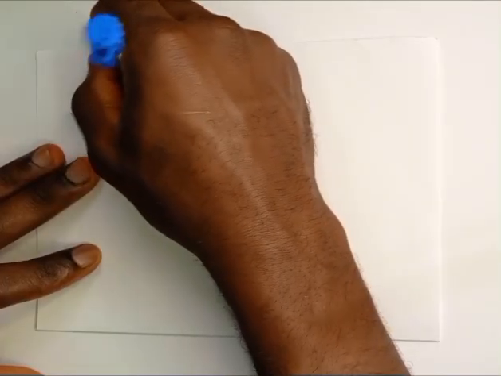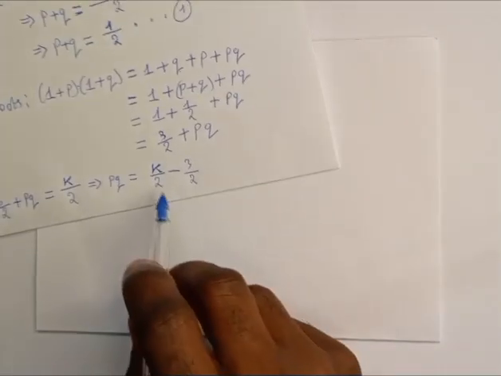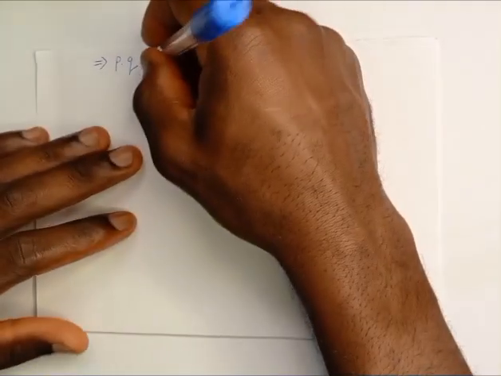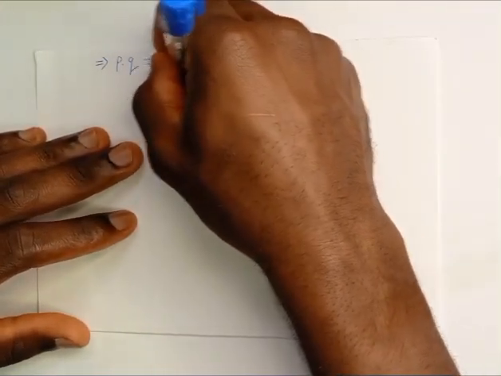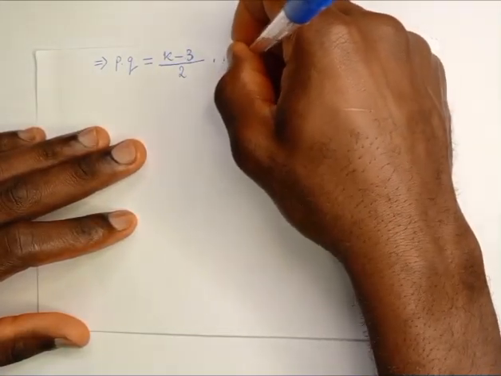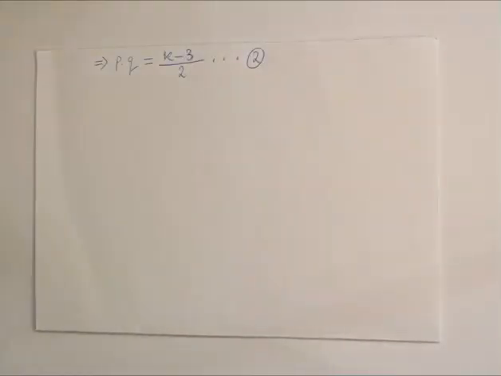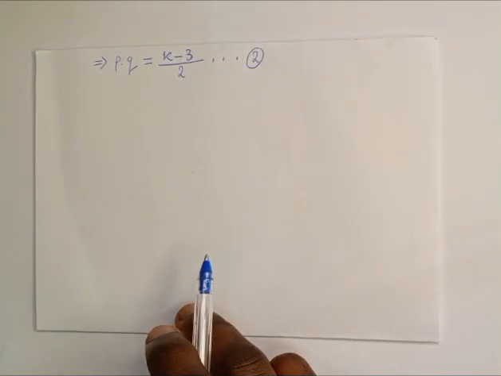They have a common denominator which is 2, so we can subtract the numerators and maintain the common denominator: k minus 3 over 2. We call this equation 2. So we have p plus q equal to a half, and p times q equal to k minus 3 over 2.